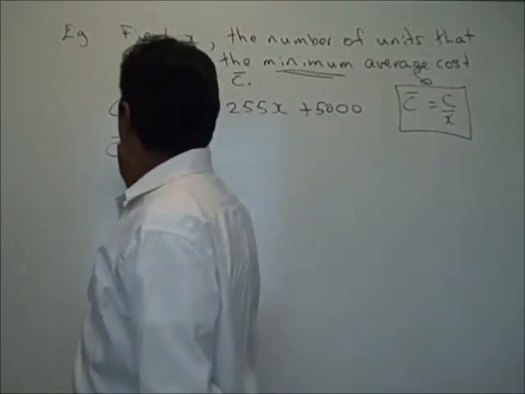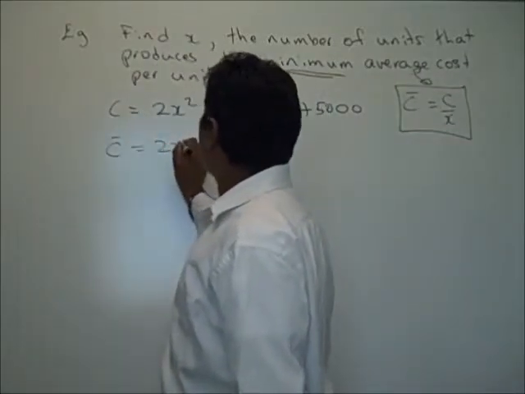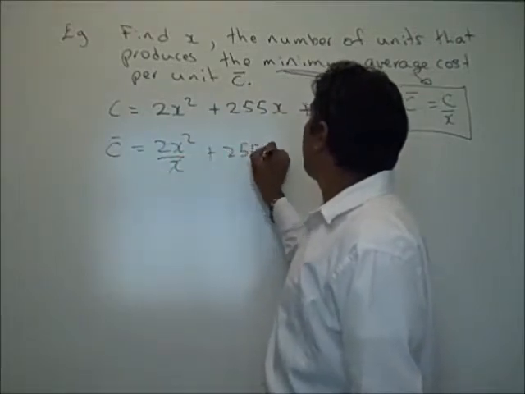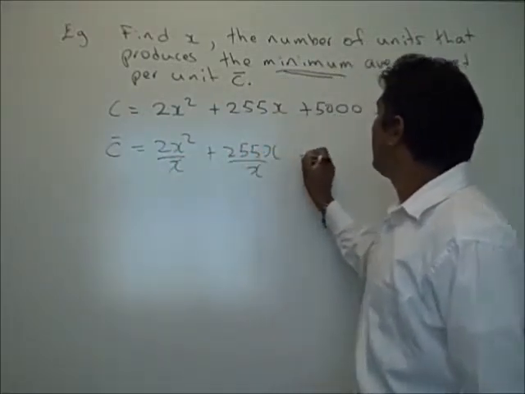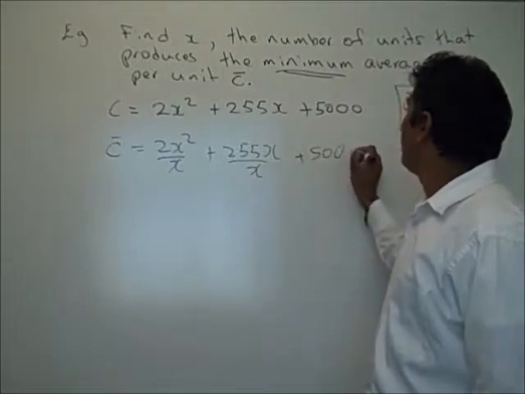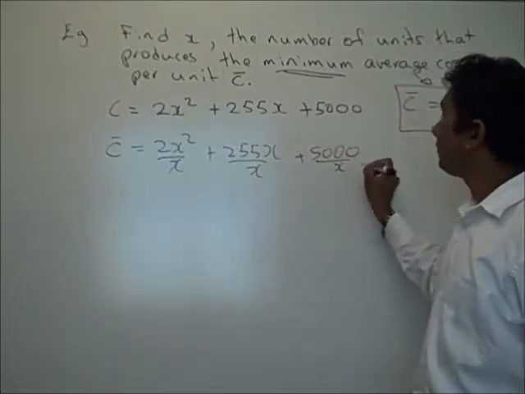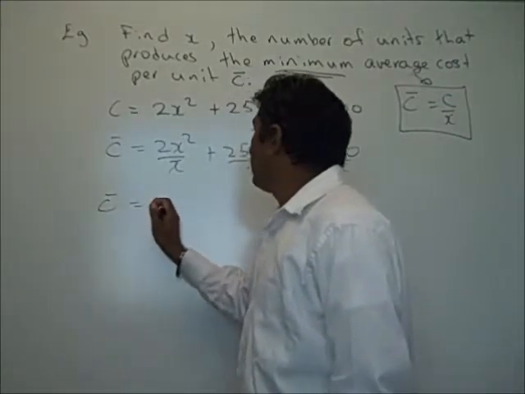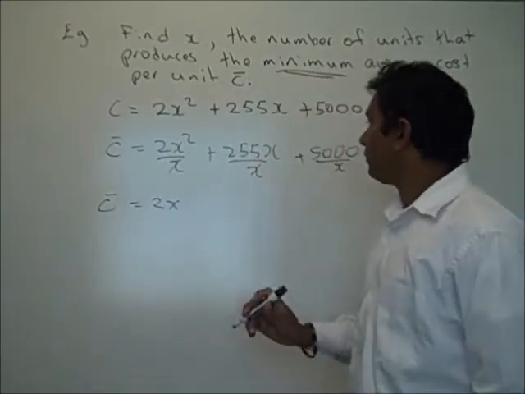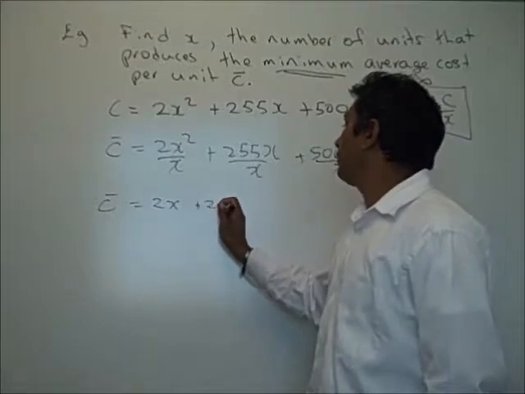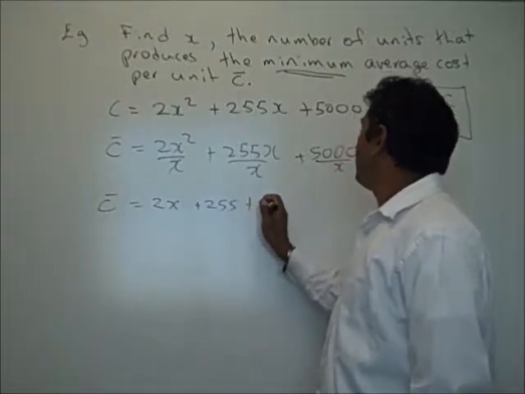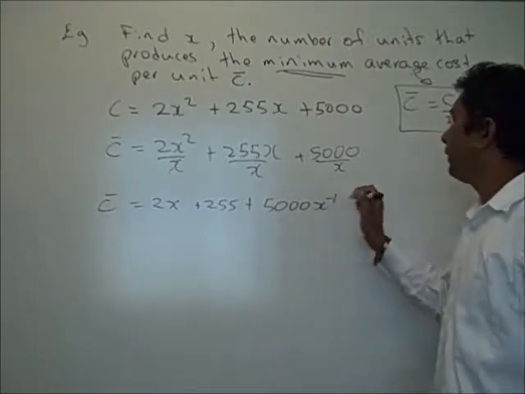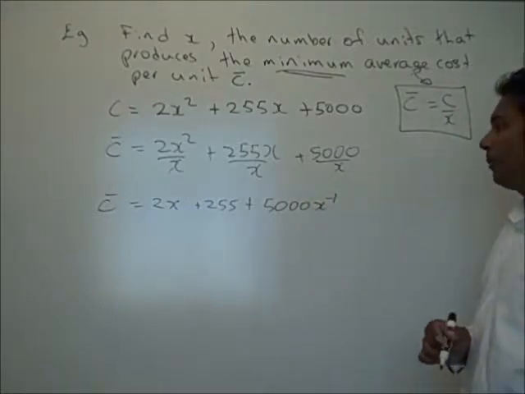So our average cost would be 2x squared all over x plus 255x over x plus 5,000 over x. This simplifies to give us 2x plus 255 plus 5,000 times x to the negative 1 once we move the x up.